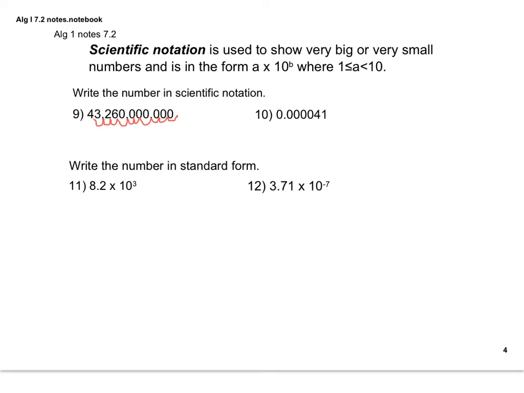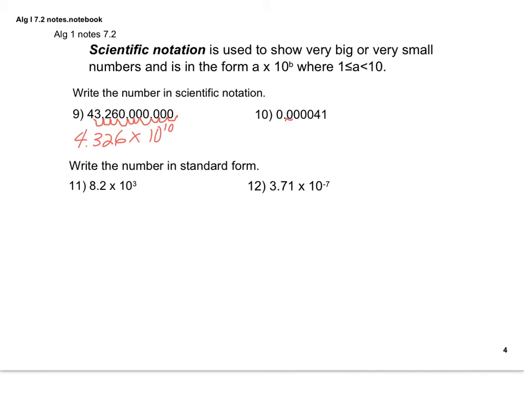All right, so this one's going to be 4.326 times 10 to the 10th power. And that's how you would write that number in scientific notation. Hopefully that's a little bit of review for you, but we're going to review this because in our next slide we're going to have to figure out what to do when we multiply them together.